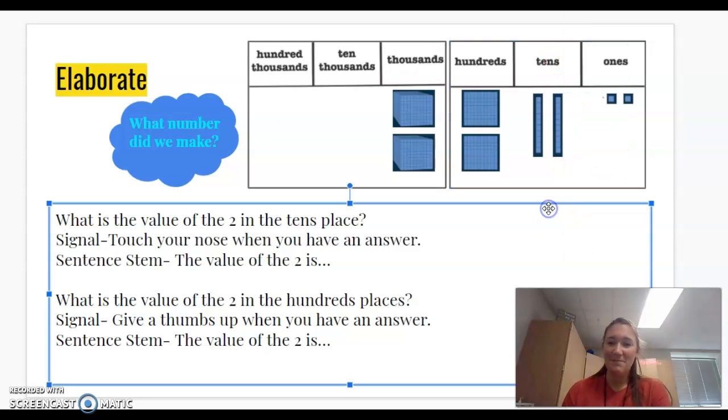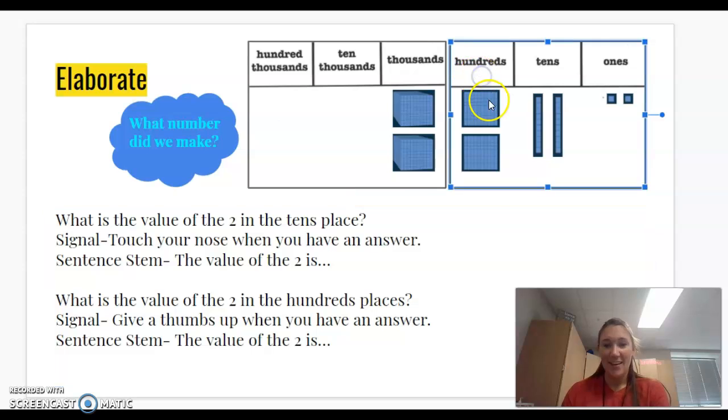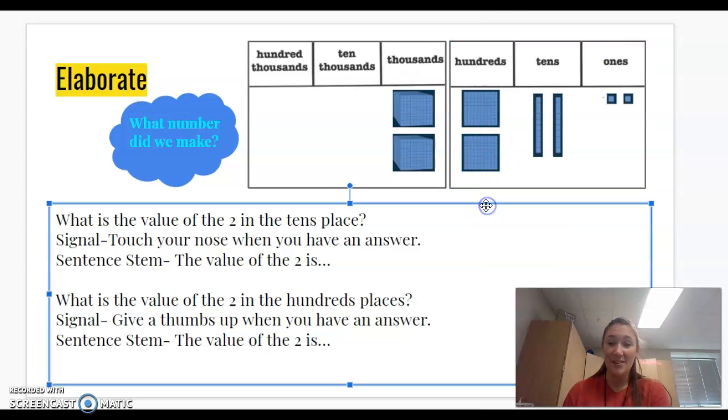In the tens column, we have two tens blocks, and our value is 20. In the hundreds column, we have two hundreds blocks, and so our value is 200. In the thousands place, we have two thousands cubes, and so our value is 2,000.